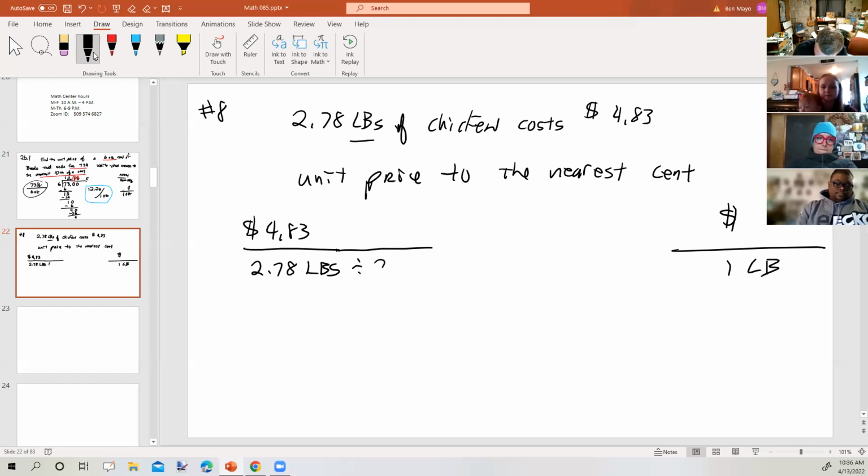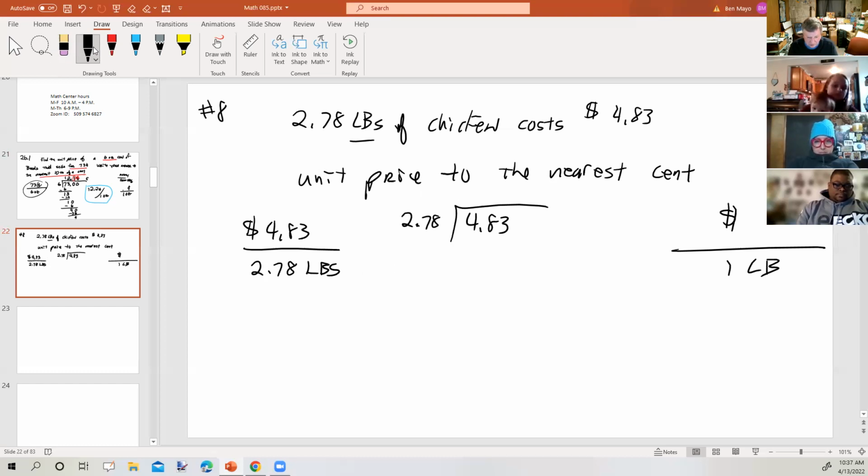We'll divide the bottom by 2.78 and the top by 2.78. That'll give us 1 pound on the bottom. So we're really just shortcutting that process by saying, if we divide the bottom by 2.78, we're going to get 1. So we're going to take the top and divide it by 2.78. Are we okay with that?